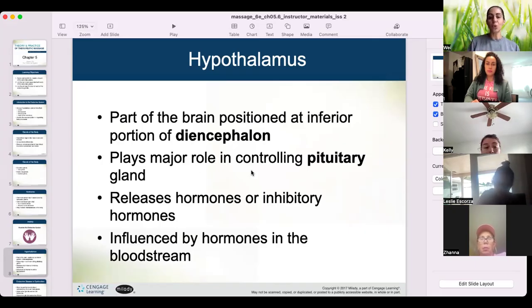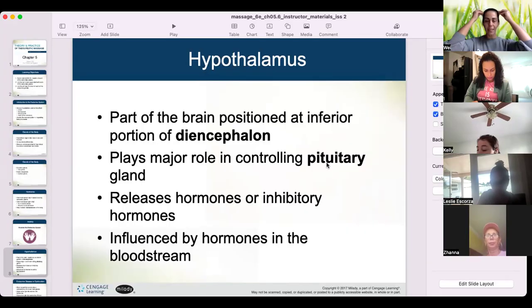Now, it plays a major role in controlling the pituitary gland. Now, the pituitary gland, we talked about, it's the master gland, because this pituitary gland in the brain controls or sends or communicates through all the other glands in the body. Releases hormones or inhibits hormones. It can stop them or release them. And it influences the hormones in the bloodstream, like we said.